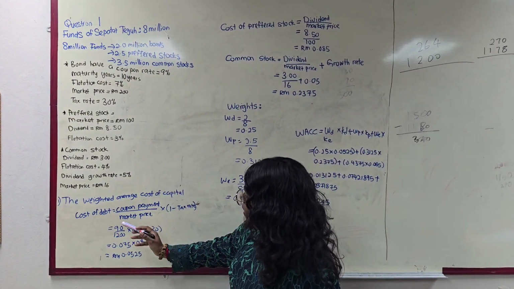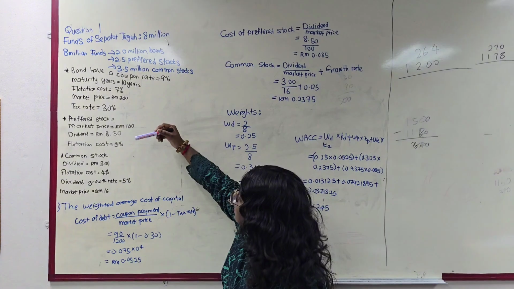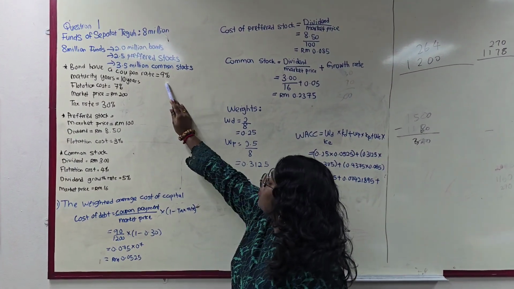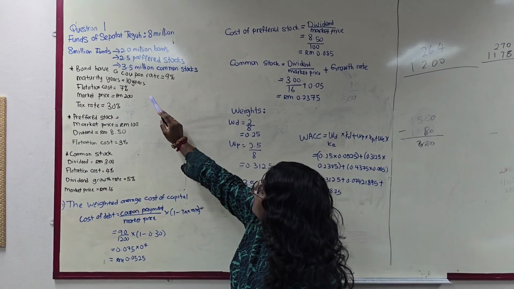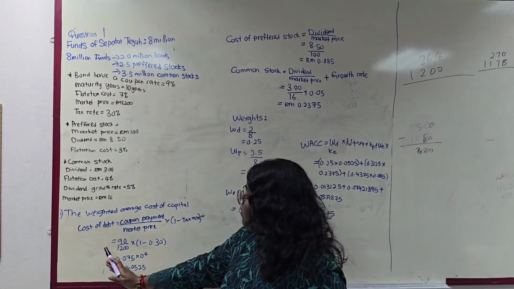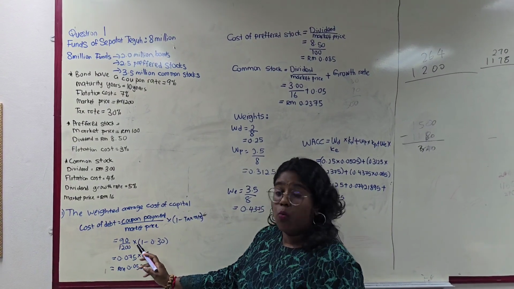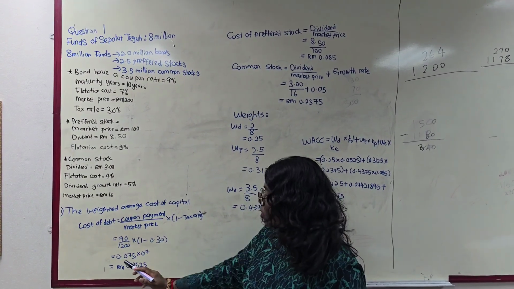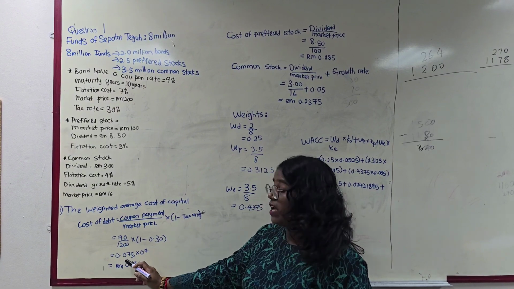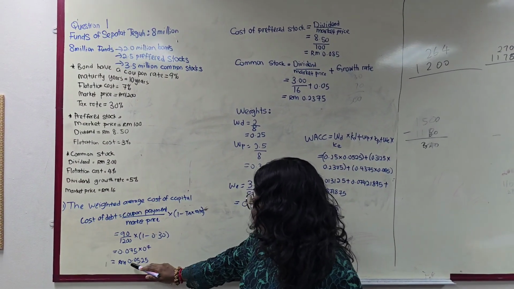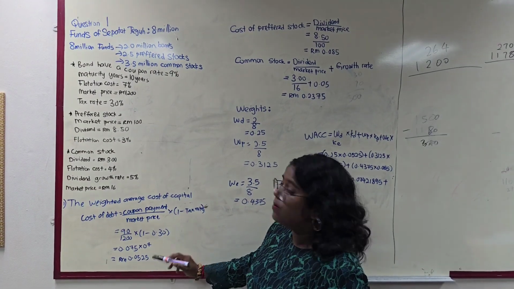The coupon payment is written here, and the market price is written there. So it is given that 90 per 1200 times 1 minus 0.30. So the answer is 0.075 times 0.7, which gives 0.0525.